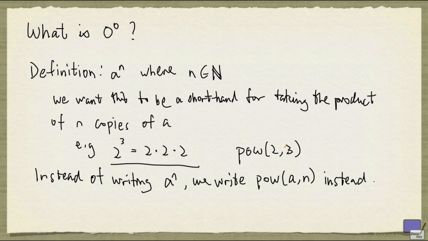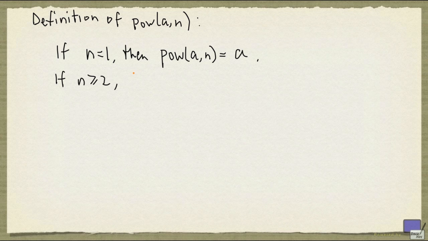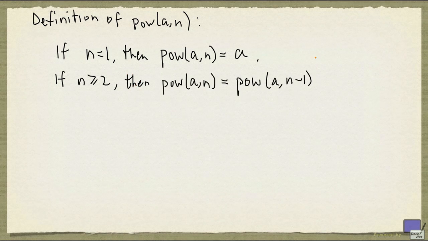And our definition of POW a, n is going to be as follows. If n is 1, then POW of a, n is simply a. If n is at least 2, then POW of a, n is equal to POW of a, n minus 1 times a.